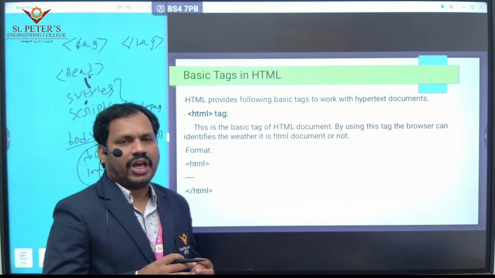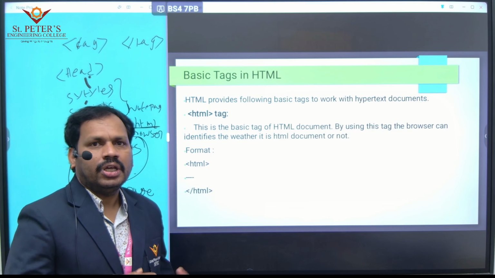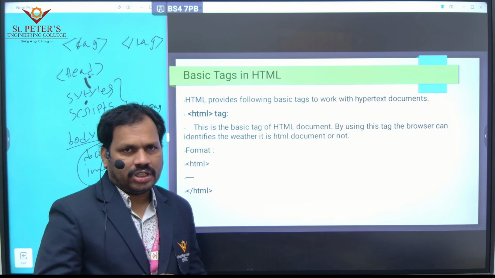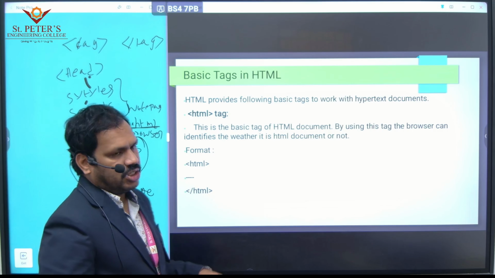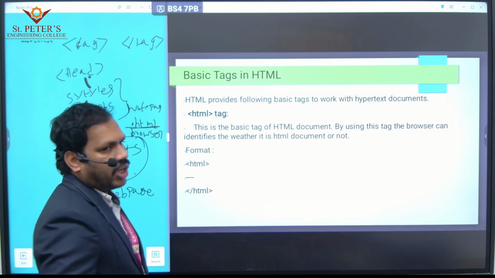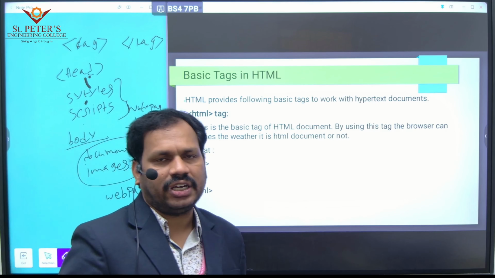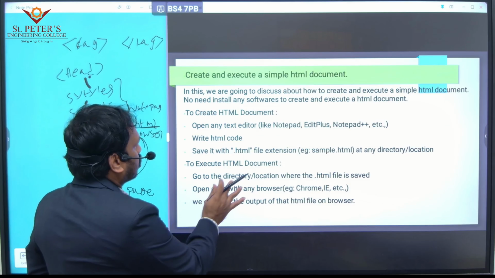Before that, we have a doctype. A doctype specifies the version of the document. So the format of the HTML tag is the opening html tag and the closing tag. At the end of the document, we have to specify the closing tag.